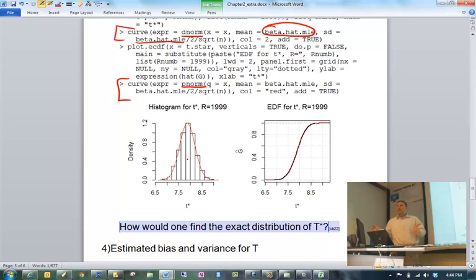For example, you know how to do a Wald confidence interval for beta: take beta hat plus or minus the quantile from the standard normal times the square root of the variance. We're going to learn, probably next week, how you can use this bootstrap distribution to find a confidence interval as well.